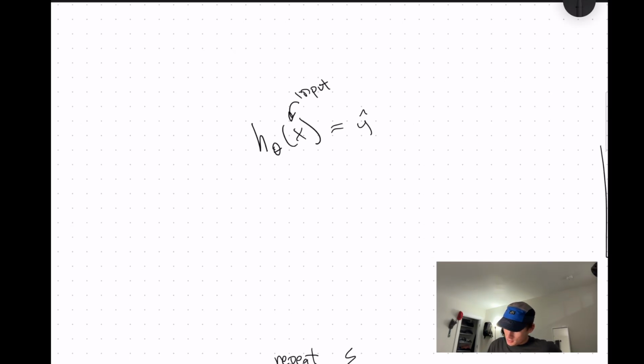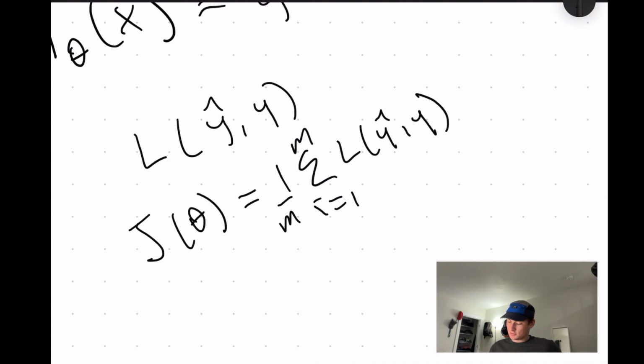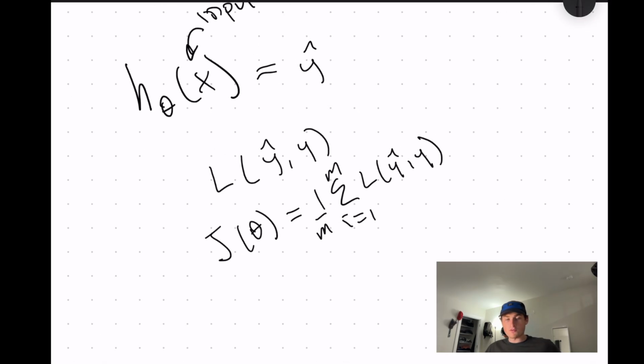And so the notation for that is called the loss. You have a prediction Y hat, and you want to compare it with the true Y. That is for one Y hat. And then the cost, with this notation, is the average loss of all of your Y hats.